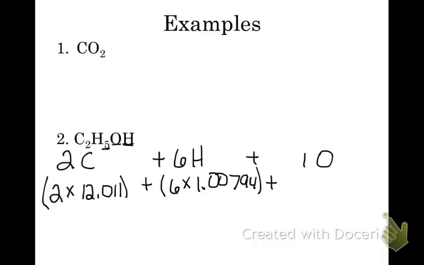And then we add that to 1 oxygen. And I don't really need to put that 1 there, but I'll put it there just so you see it. So that's 15.9994. Go ahead and type this into your calculator using the parentheses.